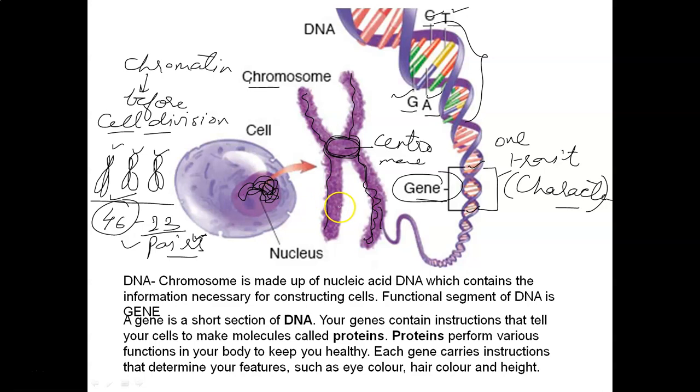The hereditary material is what is responsible for the characteristics of a particular species. Characters are actually expressed with the help of that DNA, and the DNA has the genes.